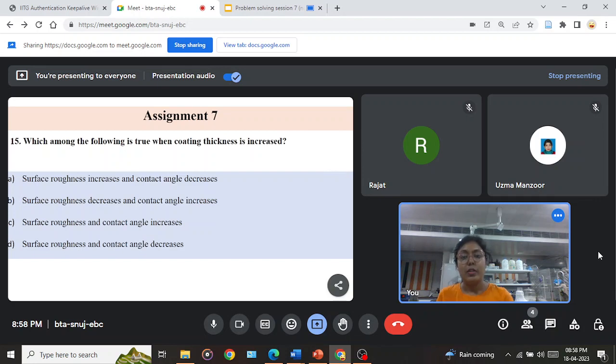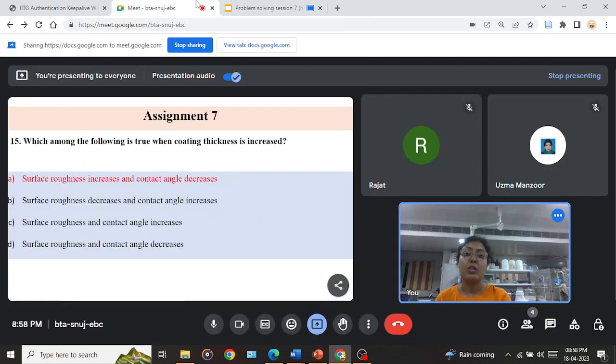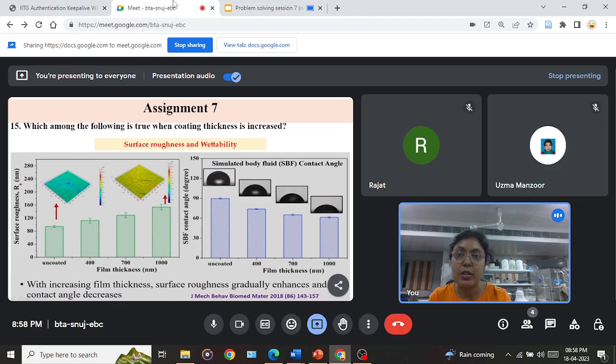So we'll look into the answer. If you can recall, what happens when the coating thickness is increased? Usually the surface roughness increases and the contact angle decreases. This can be determined using the following graphs.